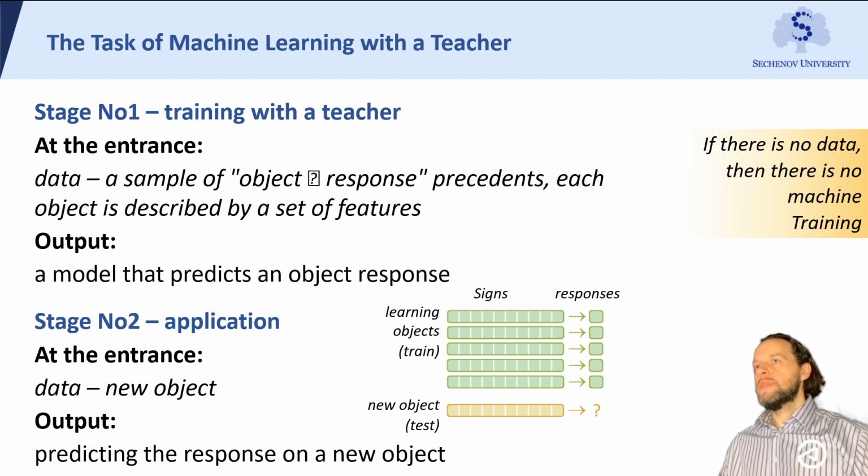So in most of the cases, it will be training with a teacher. When we apply a training data set, apply the algorithm, and on the next stage we will apply the selected trained algorithm on a new object and receive results.